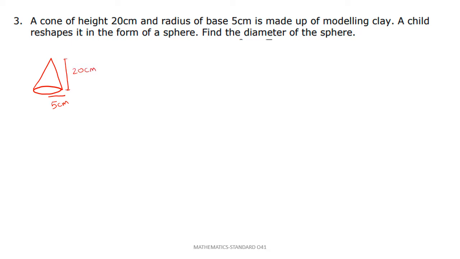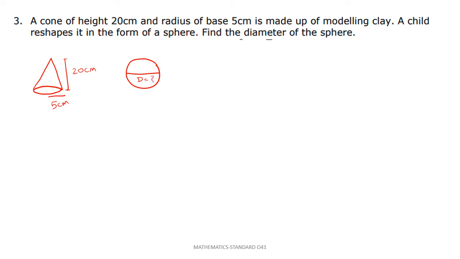A child reshapes it in the form of a sphere, so the same amount of clay, meaning the same volume, is used to make a sphere. We need to find the diameter of the sphere.